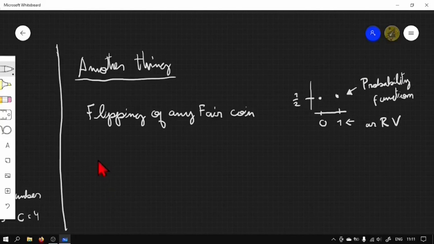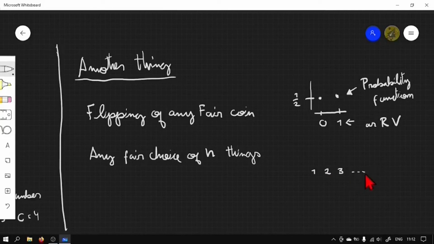Not only any fair flipping of a coin, but any fair choosing over n things, of n numbers. It's described as we have the first thing, the second thing, the third thing.